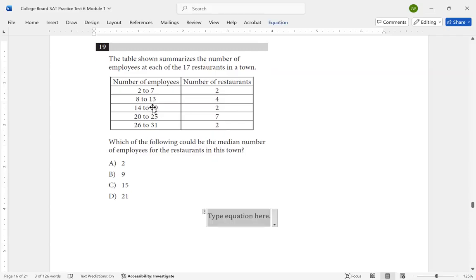For right now, let's just use the value of 2 to represent that. 2 employees at 2 restaurants. Then we could use the minimum value to represent our second set. So 8 happens 4 times. Then we can use 14 to represent the next. Now, I'm choosing the minimum value, but most people would use the middle value.